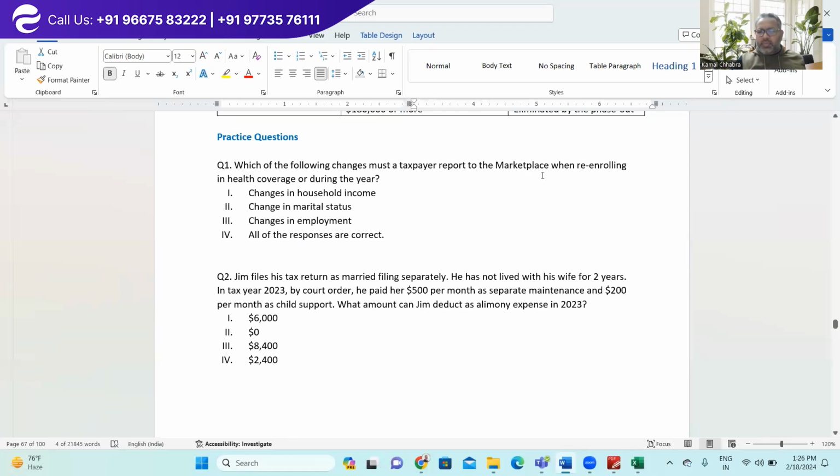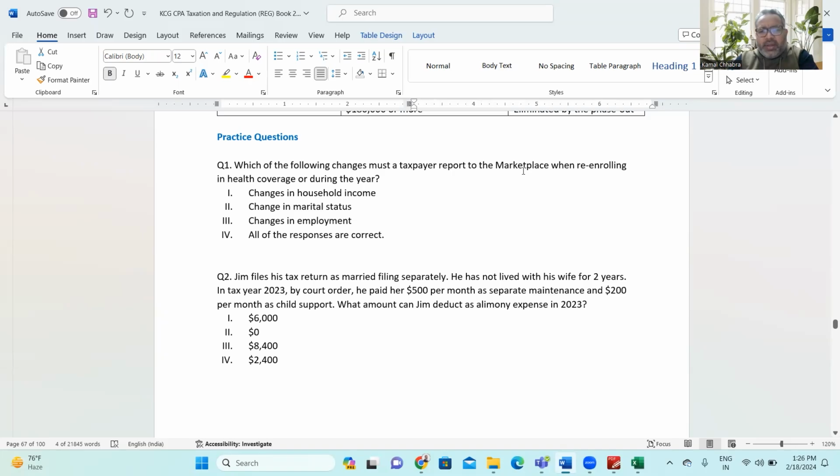I think there is some typo error in this question. So it's saying re-enrolling. Yeah, re-enrolling. Sorry, that means you are already there. So which of the following changes must a taxpayer report to a marketplace when re-enrolling in health coverage?